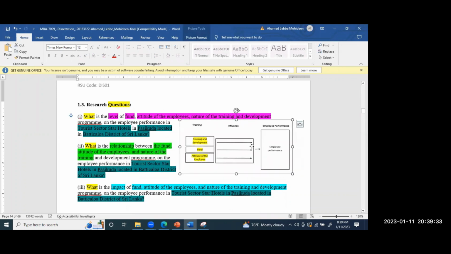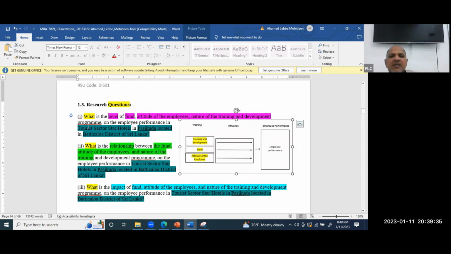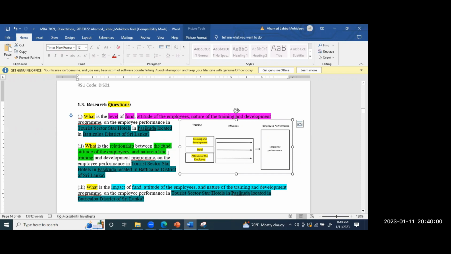Yes, sir. See now the questions, how I make the questions. Research questions: I put this conceptual framework here. The terms training and development, fund, attitude. I bring it here: fund, attitude, training and development, correct? I put, what is the level of fund, attitude, nature of the training? What is the relationship between fund, attitude, nature of the training?